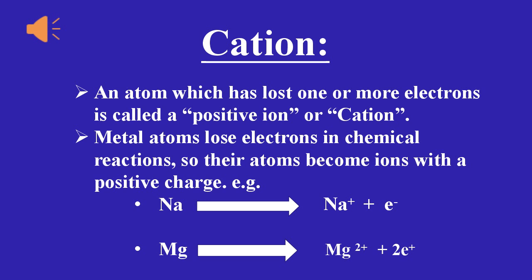For example, a sodium atom is converted into a sodium cation by losing one electron. And similarly, a magnesium atom is converted into a magnesium cation by losing 2 electrons.